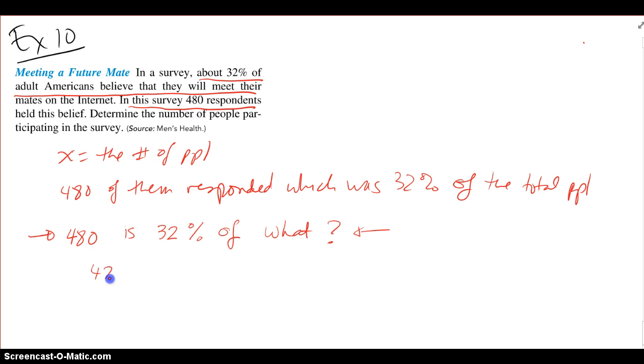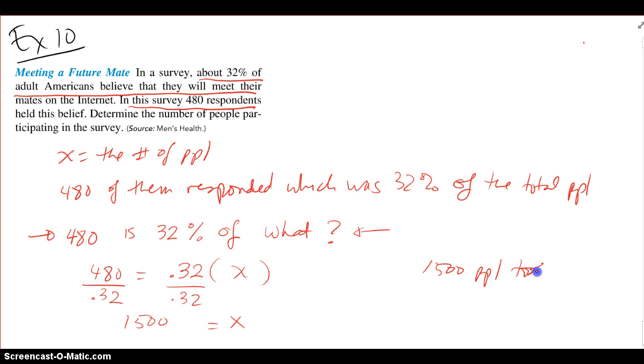So 480 is going to be 32%, remember 0.32 in decimal form, of what? How many people? And if we solve that for x, we end up with x equals 1,500. So 1,500 people took the survey.